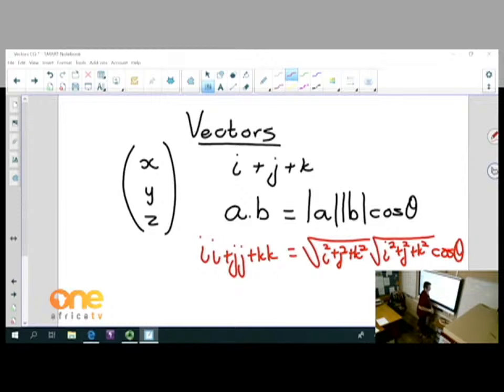And what we actually want to find is theta. So eventually, we're going to say that cosine theta is A dot B over magnitude A, magnitude B. That is what we're going to do.